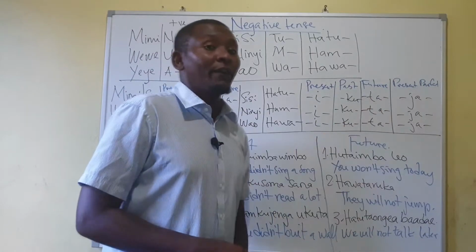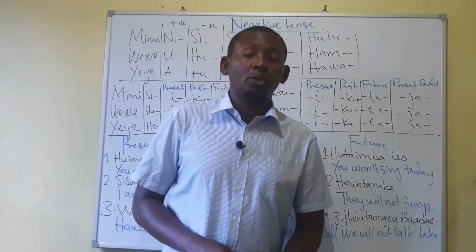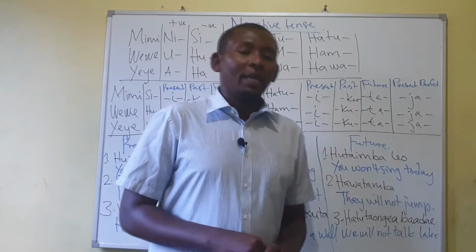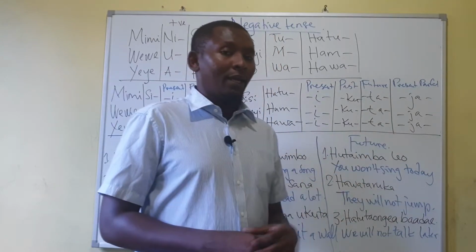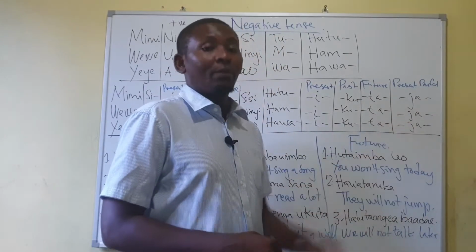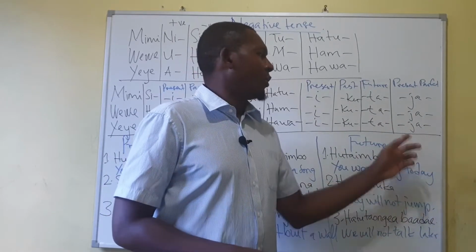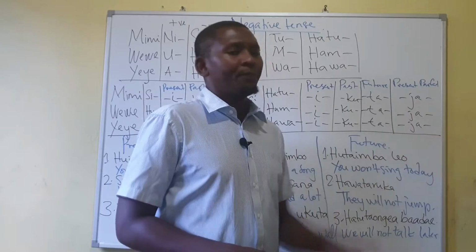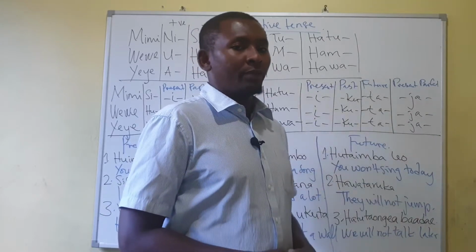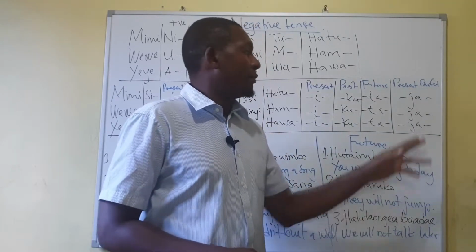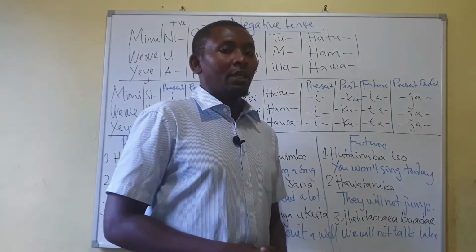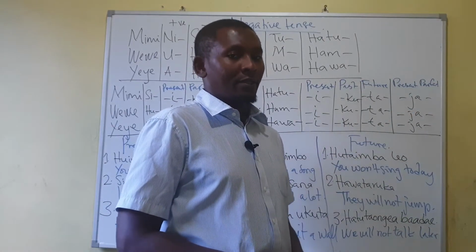And present perfect, remember the last time there was the word me, and also here, I won't talk more about this, but in the coming episode, I'm going to shed some light on the word ja. So me is replaced by ja in the negative tense.